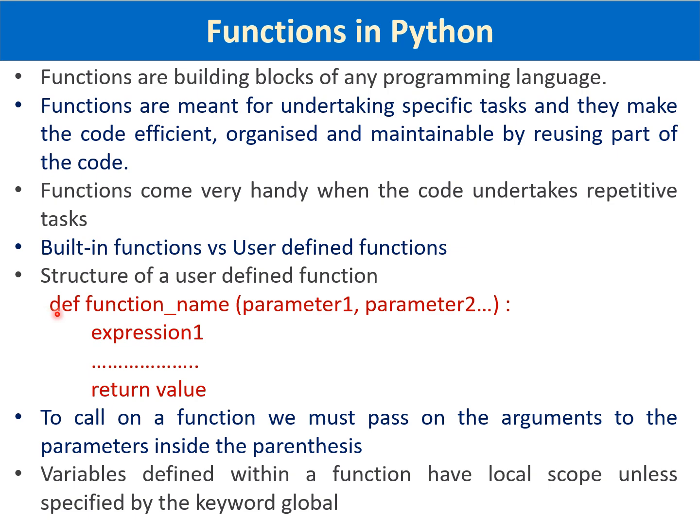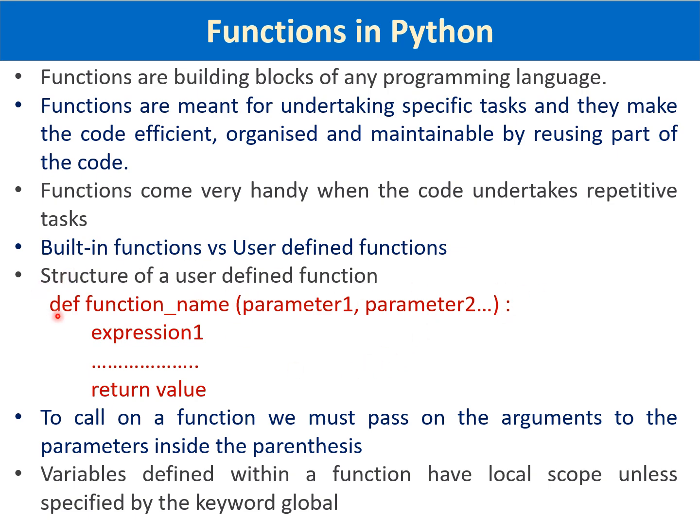This is the function header, where any function definition should start with the keyword def, which is a short form for define, followed by the function name. You can give any name, and then followed by parenthesis having parameters, any number of parameters. Even functions may have zero parameters, but there has to be a parenthesis followed by a colon.